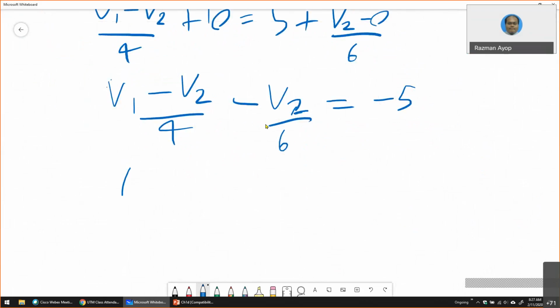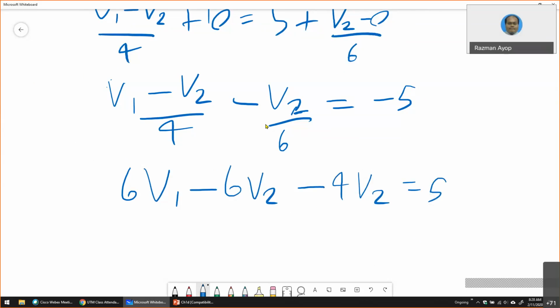So 6V1 minus 6V2 minus 4V2 equals to negative 5 times 4 times 6.